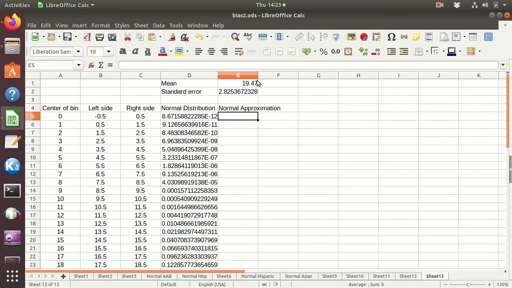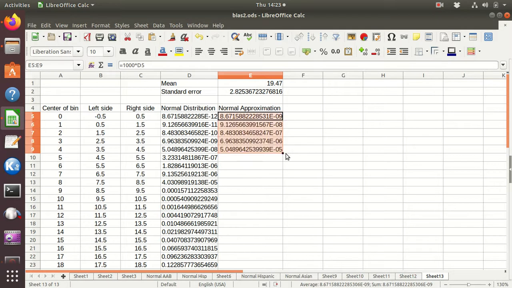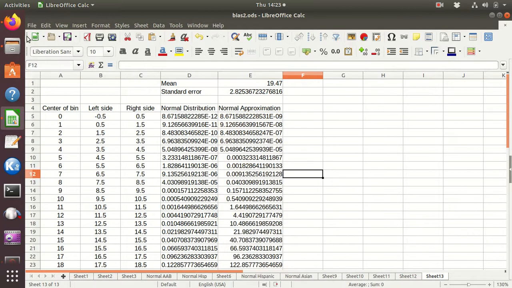And in order to put that in there, the thing is, these are all very small numbers, but we ran this thing 1,000 times, so I'll say equals for a formula, and I need to take 1,000 times that number, because these numbers will all add up to 1. They need to add up to 1,000. So again, I could just drag this down, or I can double click, and there I get my normal approximation.